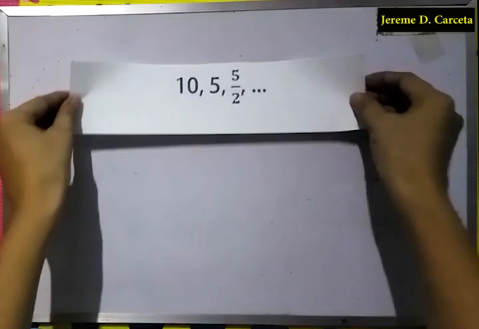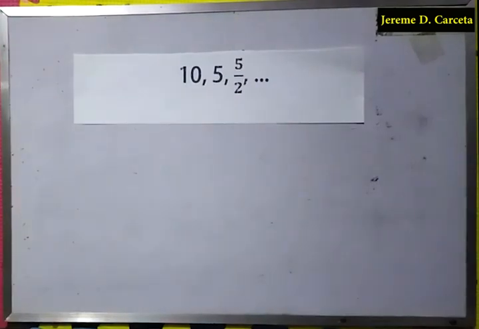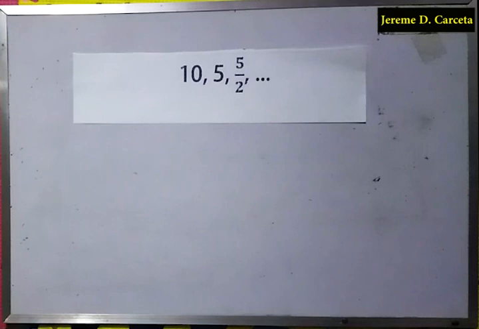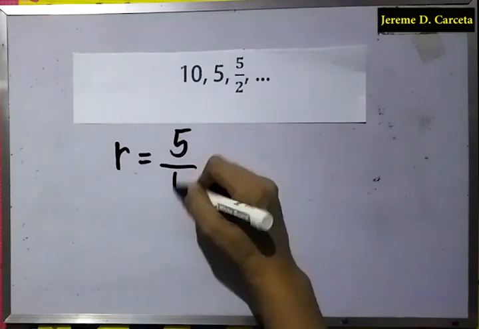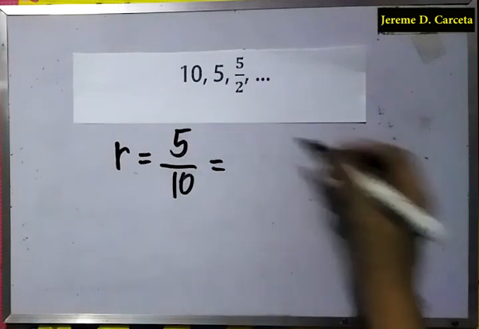Another example. If we have 10, 5, 5 over 2, and so on, this one is also considered a geometric sequence. Why? Our ratio would be 5 over 10, or 1/2.